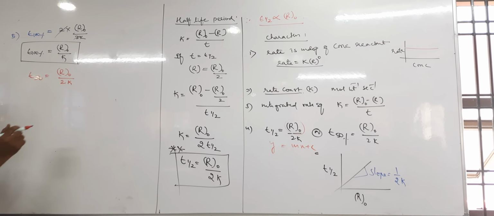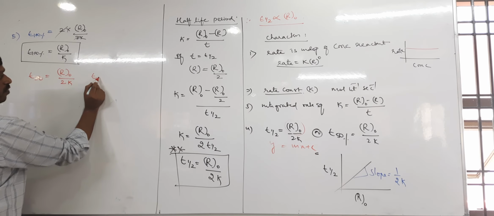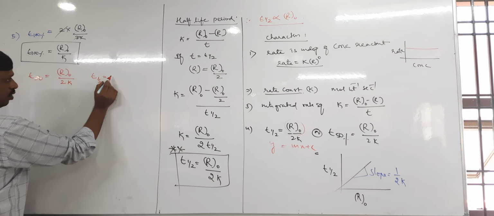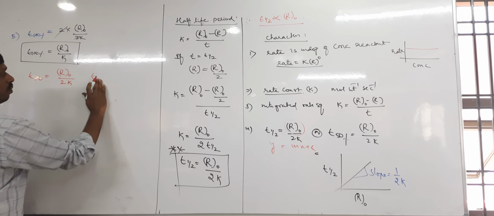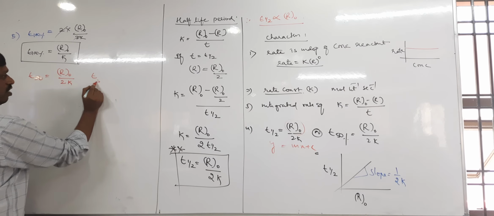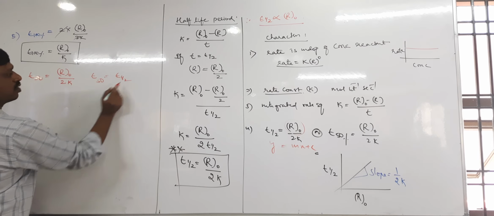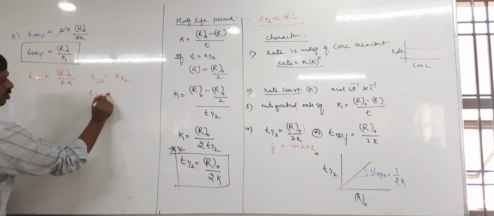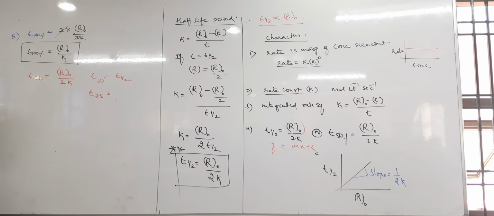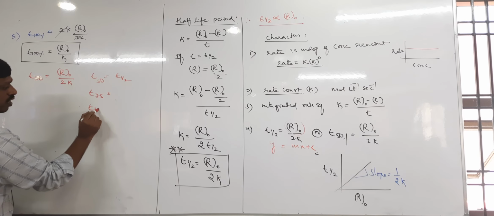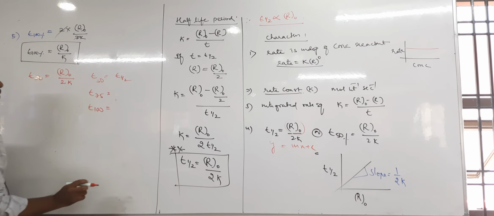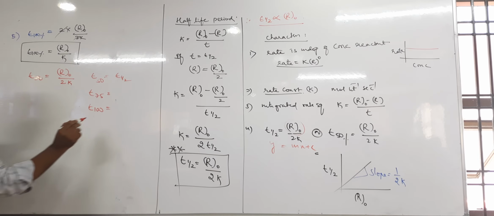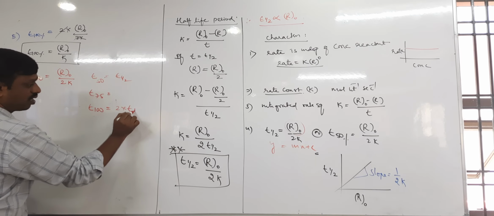This can also be written T50 or T half equals R naught by 2K, and I want T75% equals what? And T100 equals what? T100 is 2 into T half.